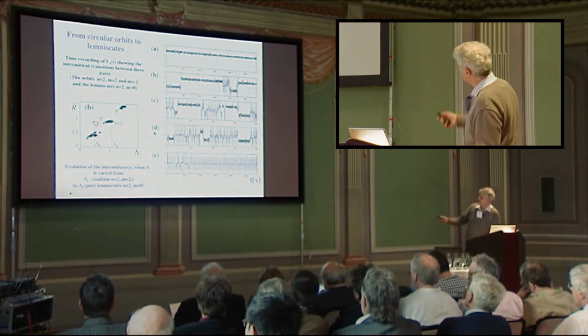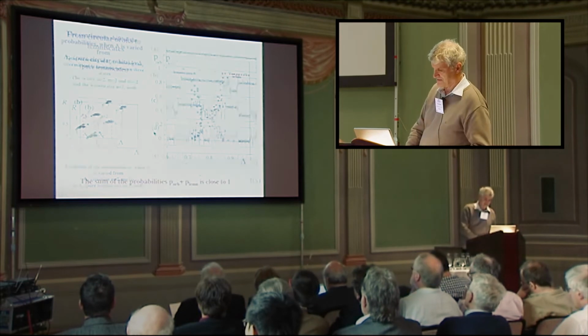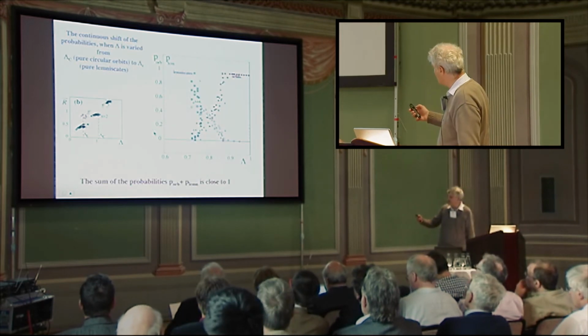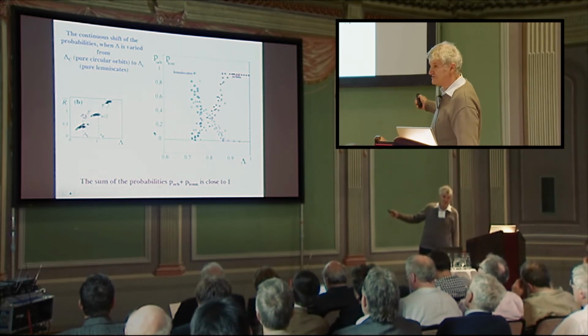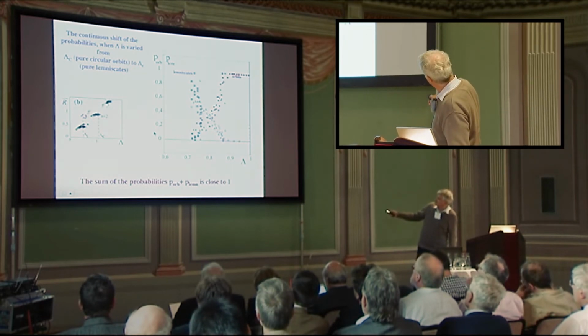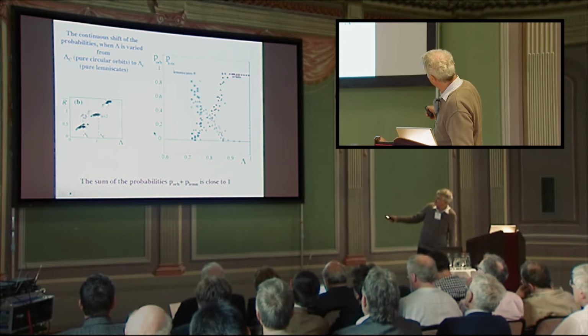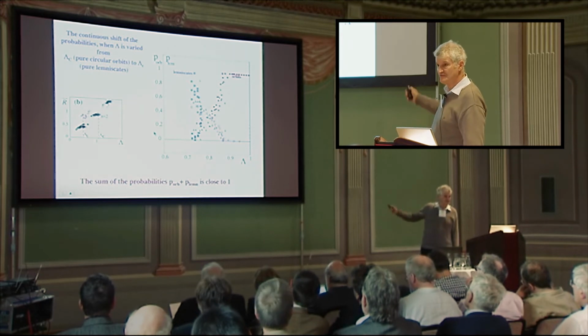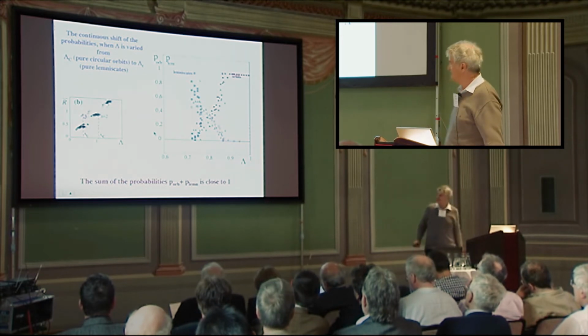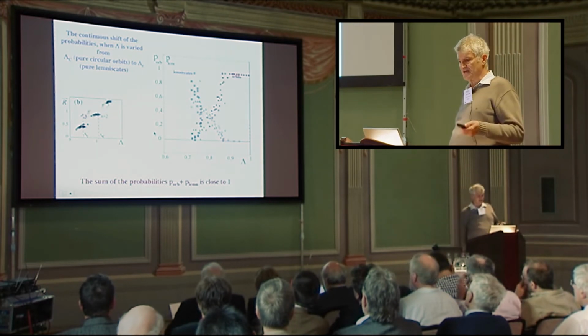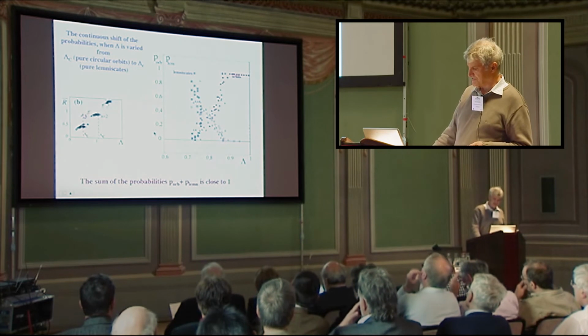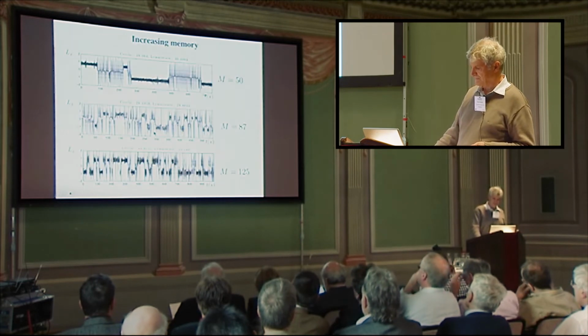And these are the time recordings. And now if I look at the probability of being in a lemniscate state or in an orbital state, I see that the probabilities change continuously, and that the sum for any given value of the parameter is 1, which means that the time spent in transition is small.